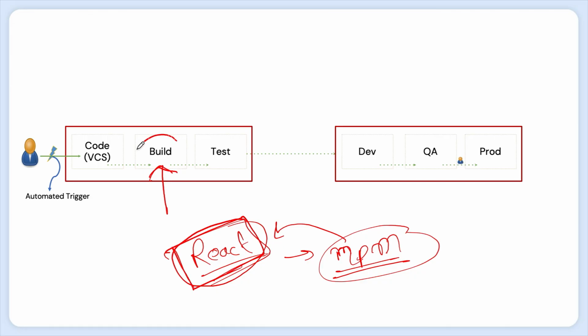Using this tool the application is built, and it generates an artifact. Then this artifact needs to be deployed to our dev environment VM. And before that, if this is a real-time React application, it could also have a test stage where we test our application code, and this happens in most applications. There we will have the test cases of this application, and we need to test the application.